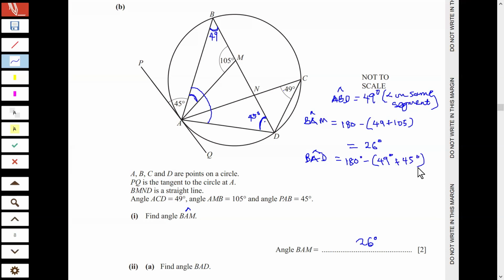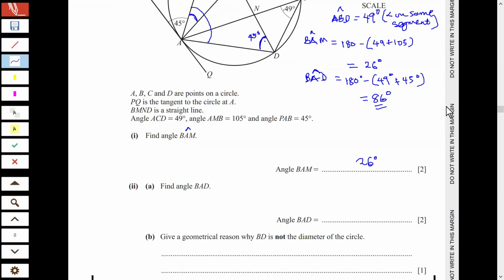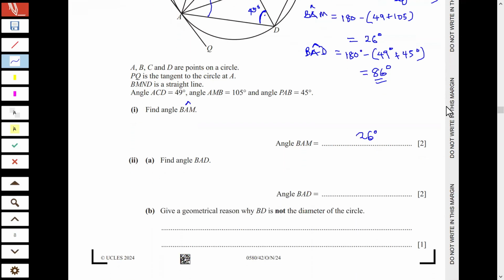If we add 49 to 45 and then subtract from 180, it's going to give us 86 degrees. So angle BAD will be equal to 86 degrees. So we have the answer to this as 86 degrees.